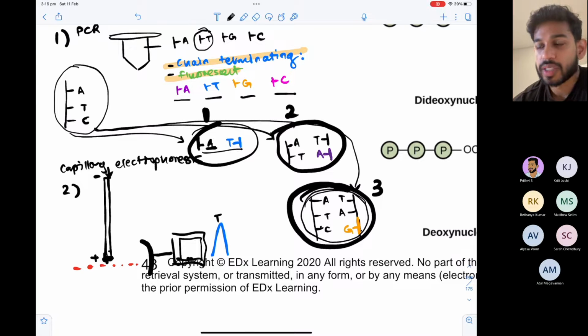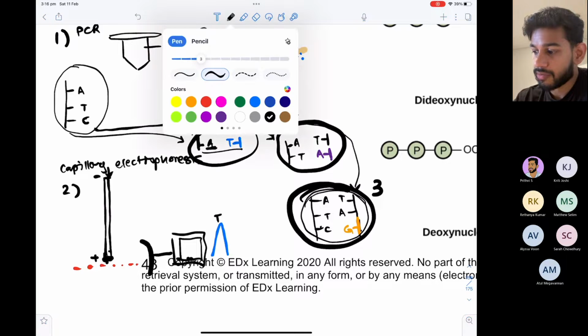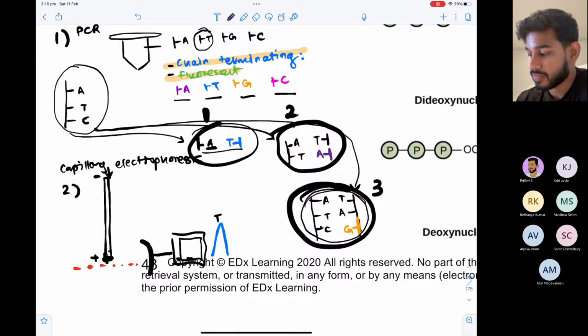Very good. Alyssa, which fragment will hit the bottom of the capillary tube next? So first it was fragment 1. What's the next fragment to reach the bottom? Fragment 2. Good. And what color will it fluoresce when it hits the laser? Purple. Good.